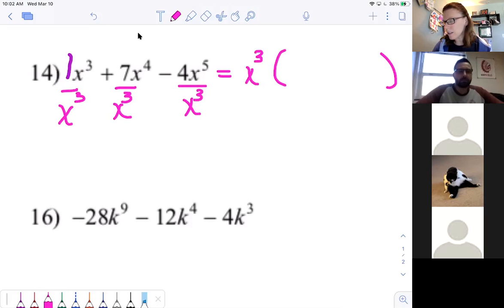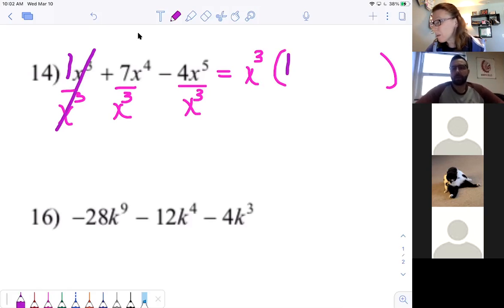So again, canceling this out, this is a little different here. When our x cubes cancel, notice the number 1 is still sitting in front because every variable has a coefficient, even if it's not written. So we're going to write that number 1 inside the parentheses. So yes, the x's cancel, but the coefficient in front is a 1, and that still has to sit there.